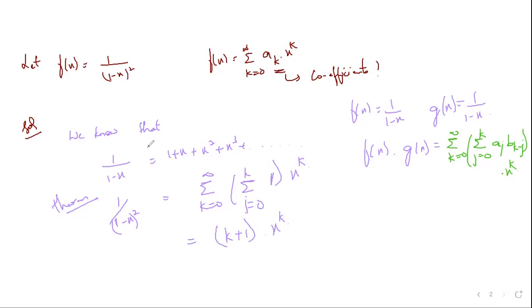Even if you try to do it manually by taking a few terms, you will get the same. So x power 0 will have the coefficient 1, x will have the coefficient 2, and so on. So in this way, we can solve this problem.